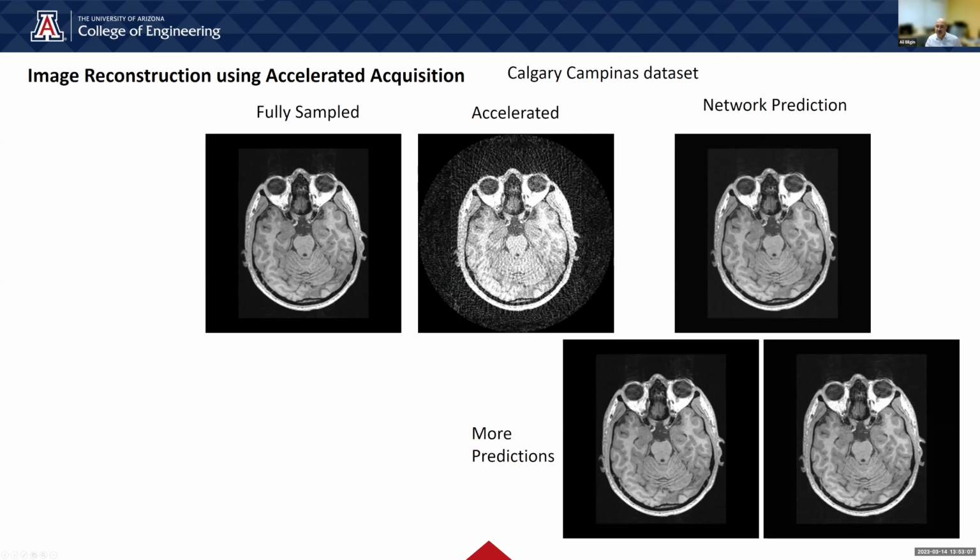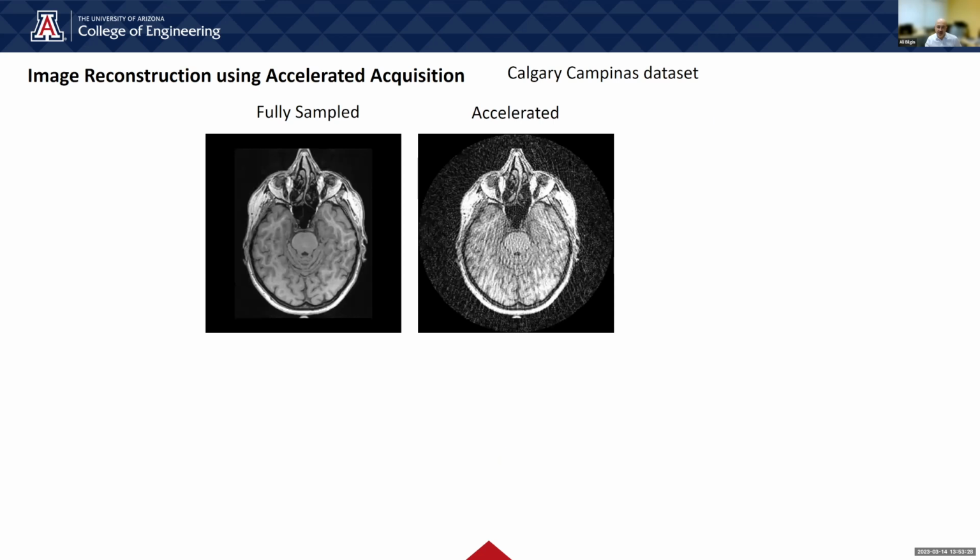So this gets input into the trained network, and these are the predictions that the network generates. They are fairly decent. So it sounds like this could be used for image formation, image reconstruction guidance as well.